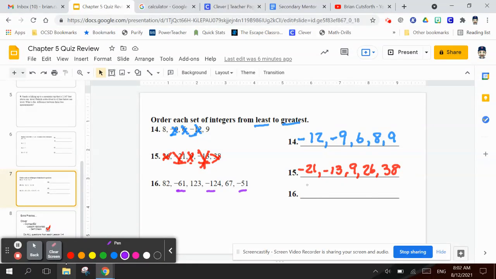So the one that's furthest away is negative 124, then negative 61, and negative 51. Then look at the larger numbers. 67 is closest to 0. Then it's 82, then 123.